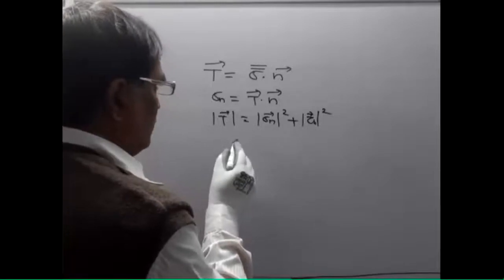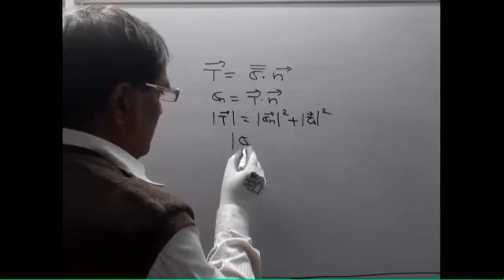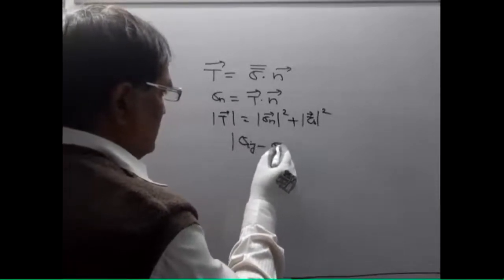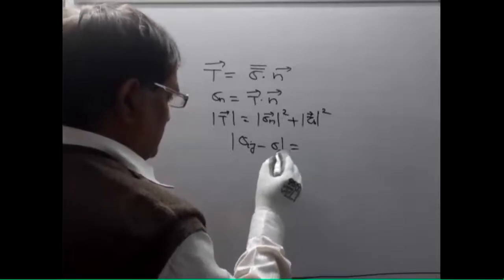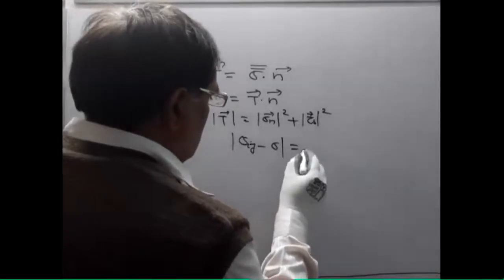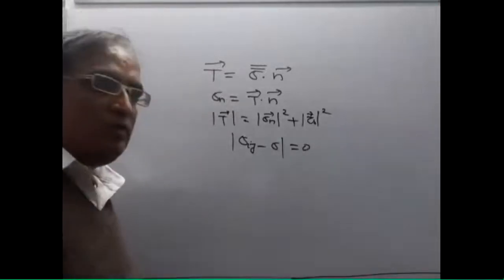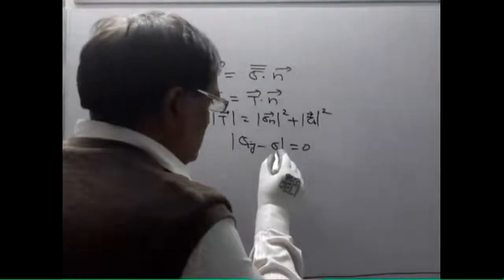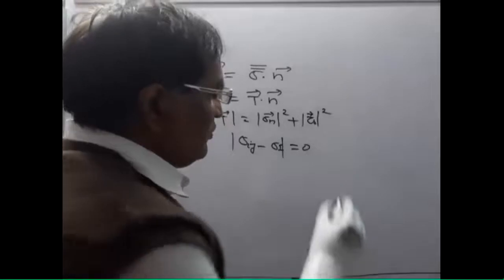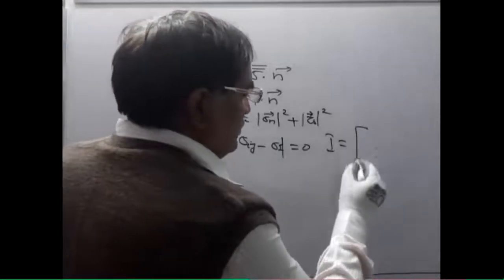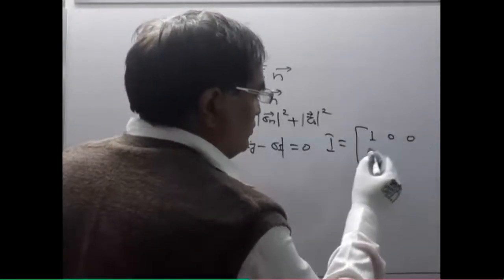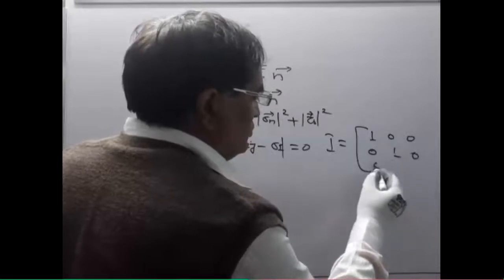That was the determinant of sigma ij minus sigma I, basically. The I matrix is defined as 1 0 0, 0 1 0, 0 0 1.